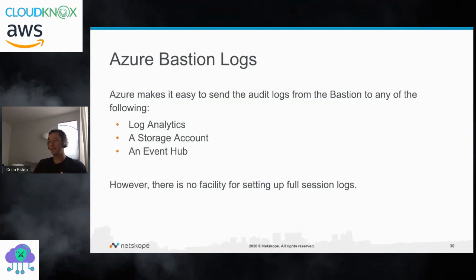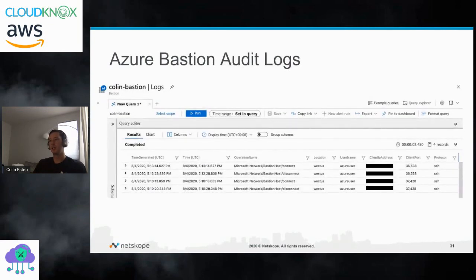I did not see any facility for setting up full session logs at this time, because again, it's using SSH, so it's going to be encrypted. If you sent it off to Log Analytics, this is kind of what it would look like. Again, you get some useful metadata around the connections themselves, when they end, and the protocols they're using.